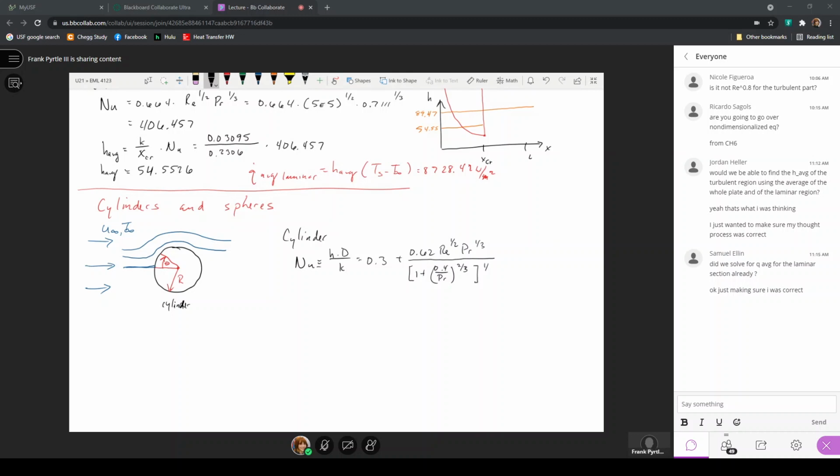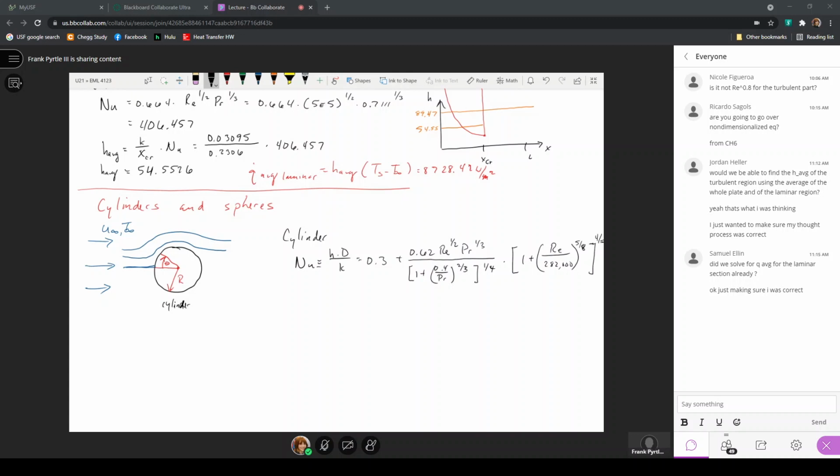This entire quantity in the denominator is raised to the 1/4, times 1 plus the Reynolds number divided by 282,000. That quantity is raised to the 5/8, and in the brackets, this is all raised to the 4/5.